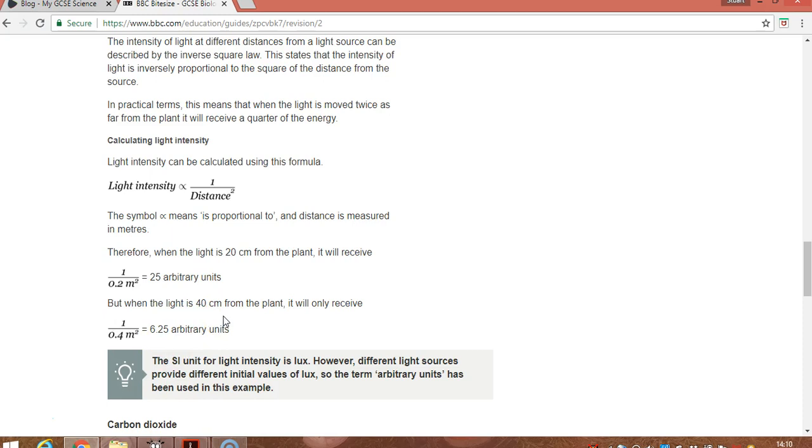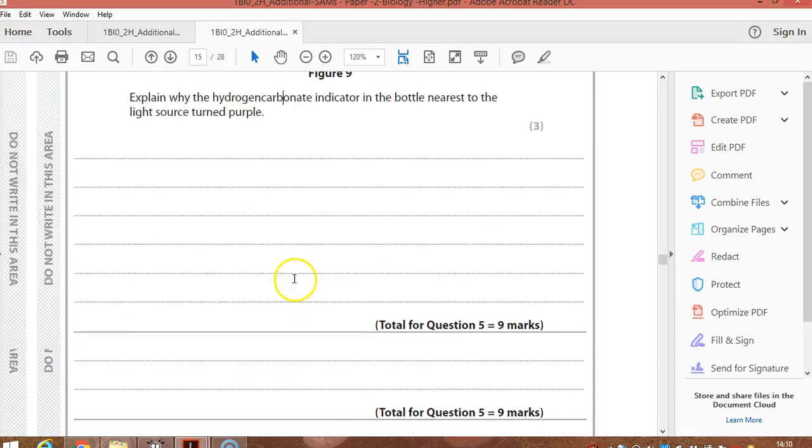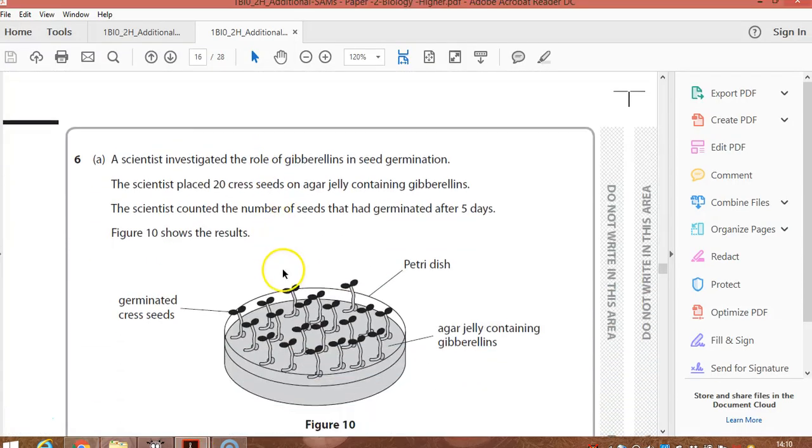So you've doubled the distance and you've about quartered the intensity, because 6.25 is a quarter of 25. So that's another math skill that you might need to know for this paper.